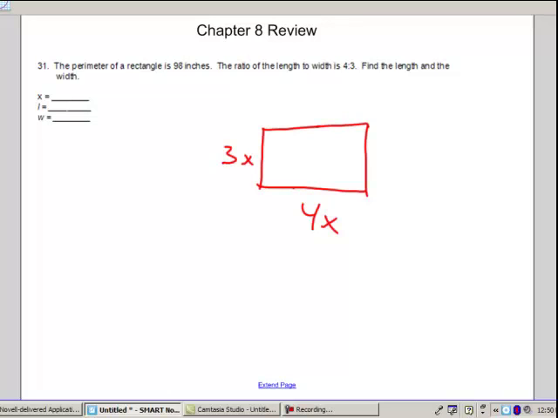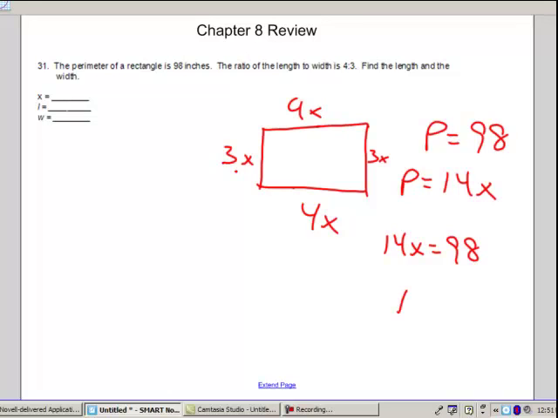Now, the perimeter of the rectangle is 98, and the perimeter is 2 times the length plus 2 times the width. 4x plus 3x plus 4x plus 3x is equal to 14x. Substitution property of equality says that 14x is equal to 98, so x must be equal to 7.